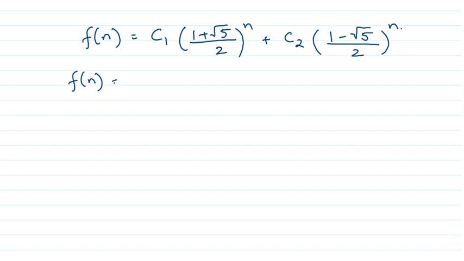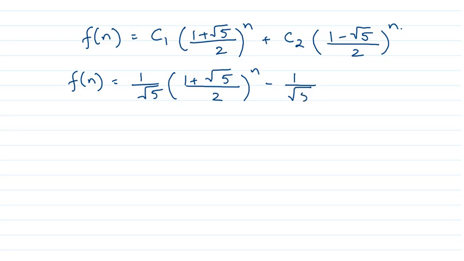Putting the values of C1 and C2, this is 1 by under root 5 into (1 plus under root 5) by 2 raised to the power n minus 1 by under root 5 into (1 minus under root 5) divided by 2 raised to the power n.